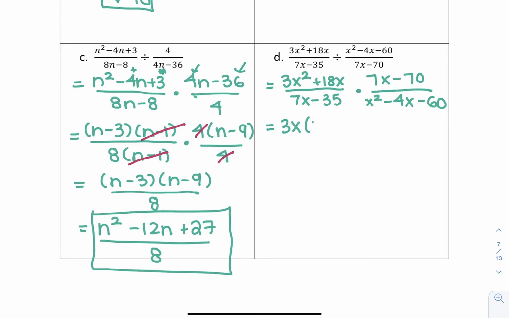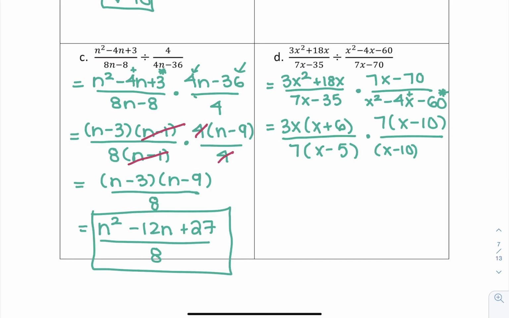And I'm left with x plus 6. On the bottom, I can take out a 7, and I'm left with x minus 5. On the top, I can also take out a 7, and I'm left with x minus 10. And on the bottom, if I ask what multiplies to -60 and adds to -4, it's going to be x minus 10 times x plus 6.